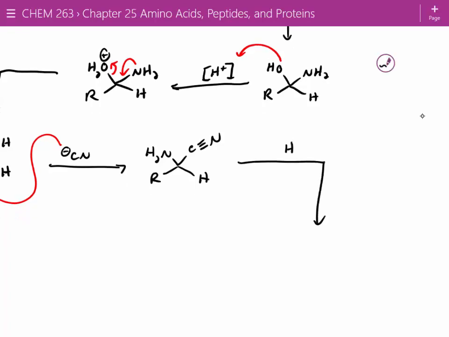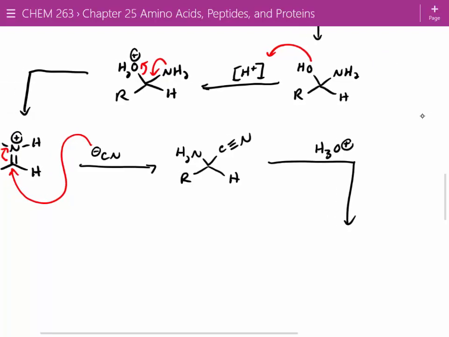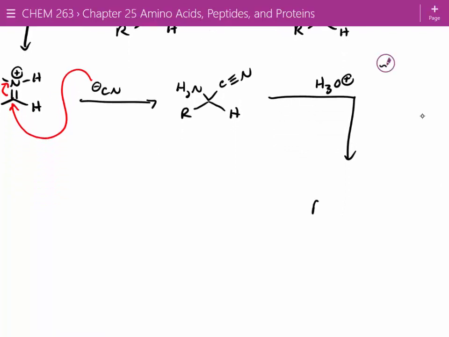Now if we treat this with acid, I'm not going to show all of these steps because it's very steppy, but we can convert that cyano group to a carboxylic acid. So we've essentially added one carbon onto our chain, and we've got a protonated amine.